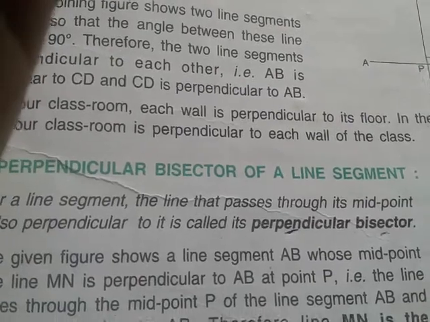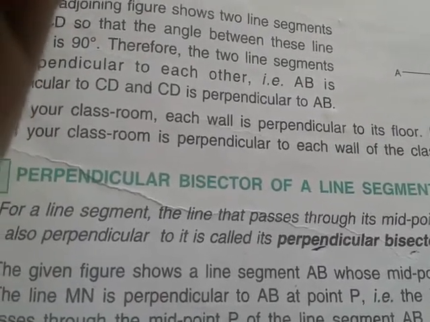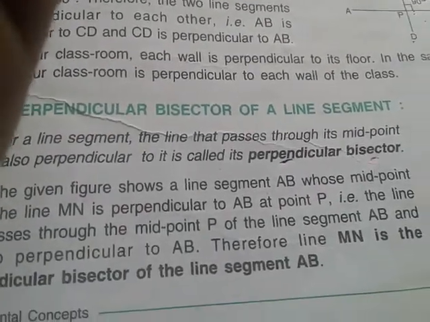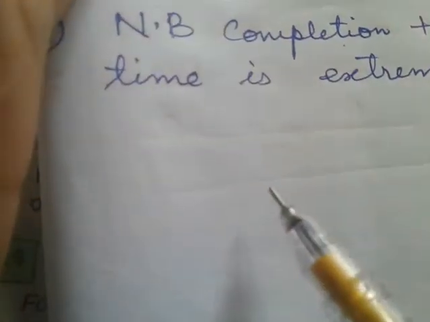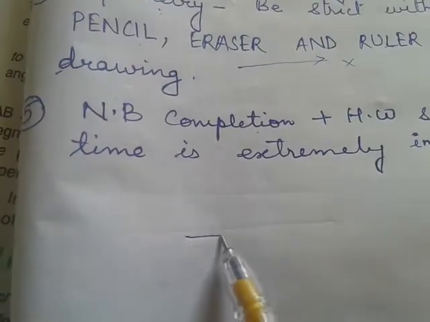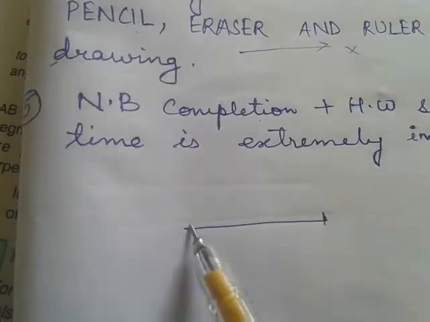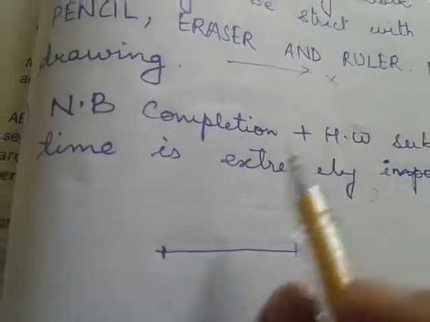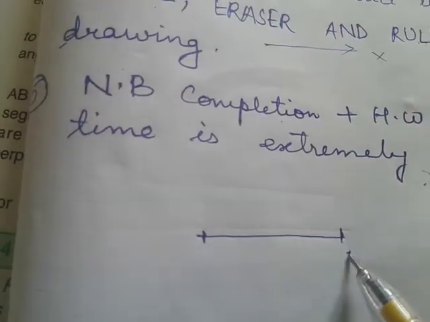Okay, so we will see what is a perpendicular bisector. Now this is a line segment I have drawn, children. This line segment is 5 centimeter.